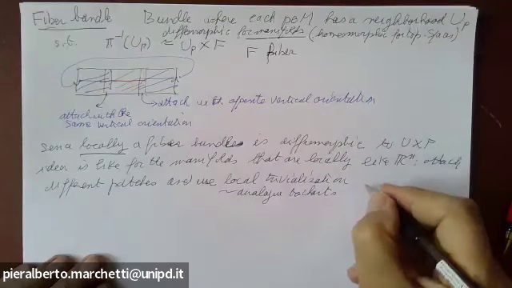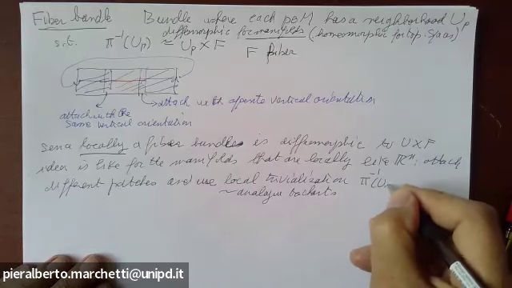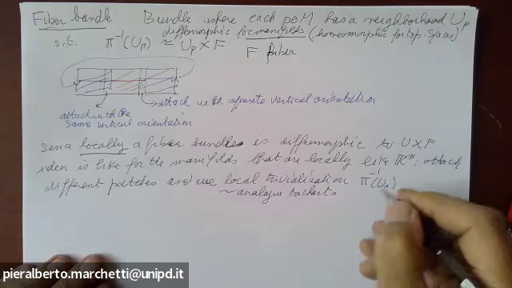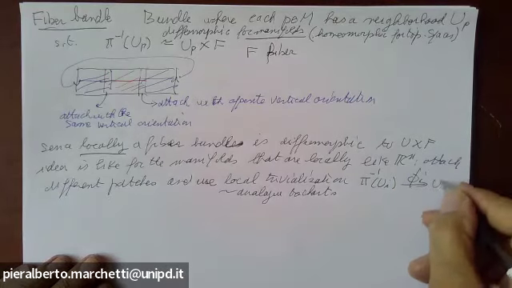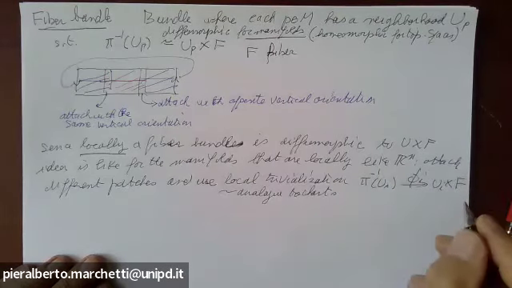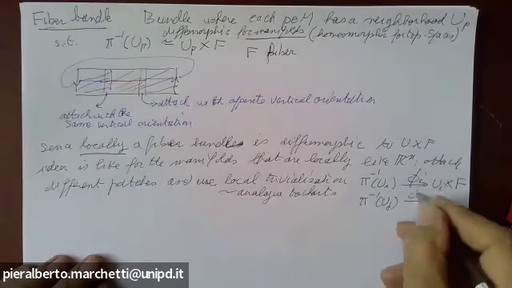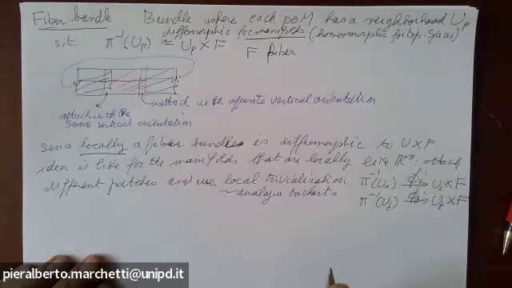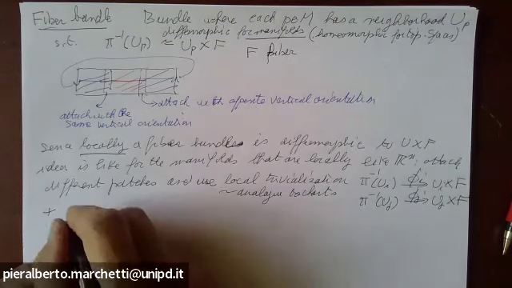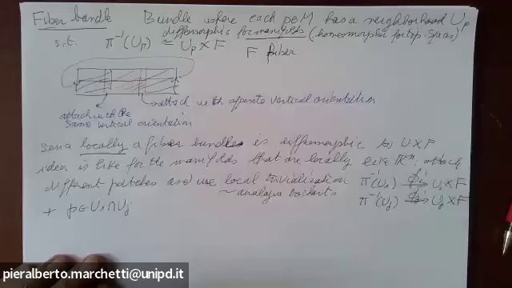So what are these local trivializations? The inverse image of, let's say, an open set Ui you map to Ui times the fiber F. The inverse image of Uj you map into Uj times F. And of course, you have to give a rule for a point P which is in the intersection of Ui and Uj.